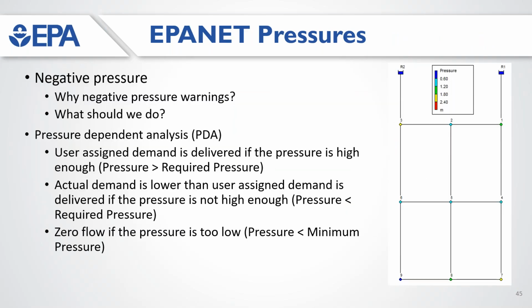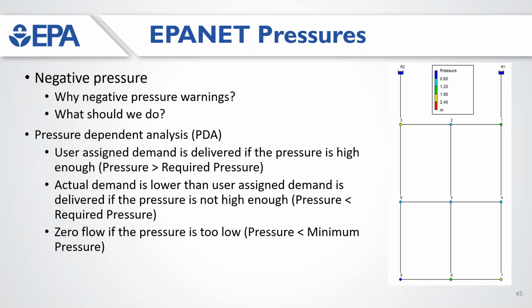Then we will talk about EPANET. Before EPANET 2.2, people very often, especially large network modelers, would see negative pressure warnings. In reality, because we are doing EPS simulation, not transient analysis, we shouldn't see negative pressure. Why?